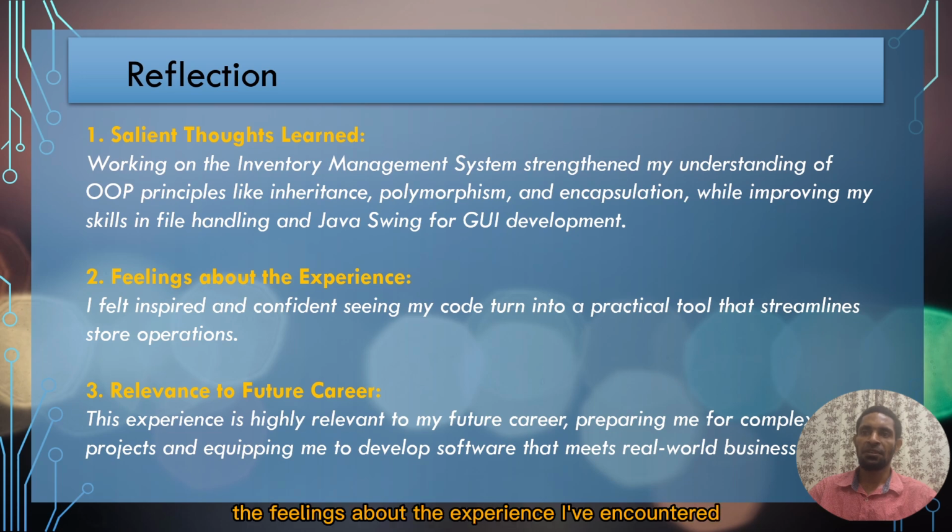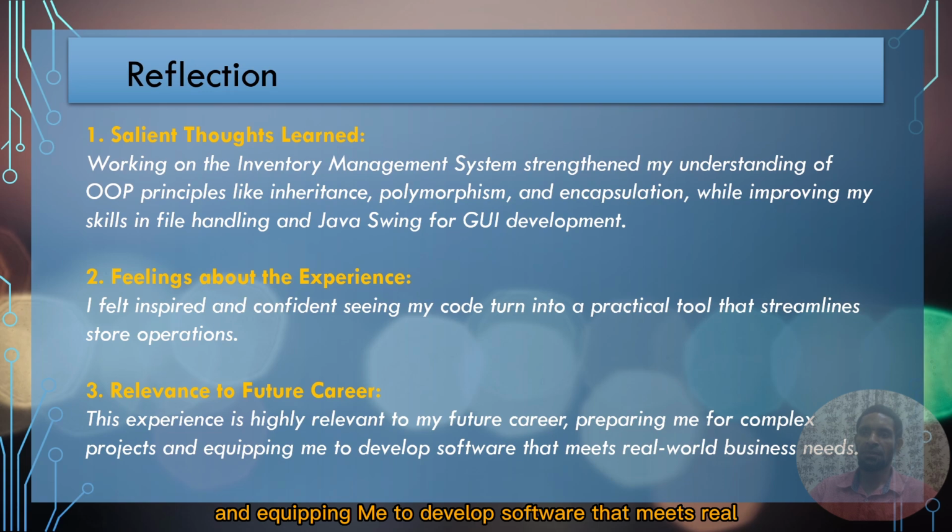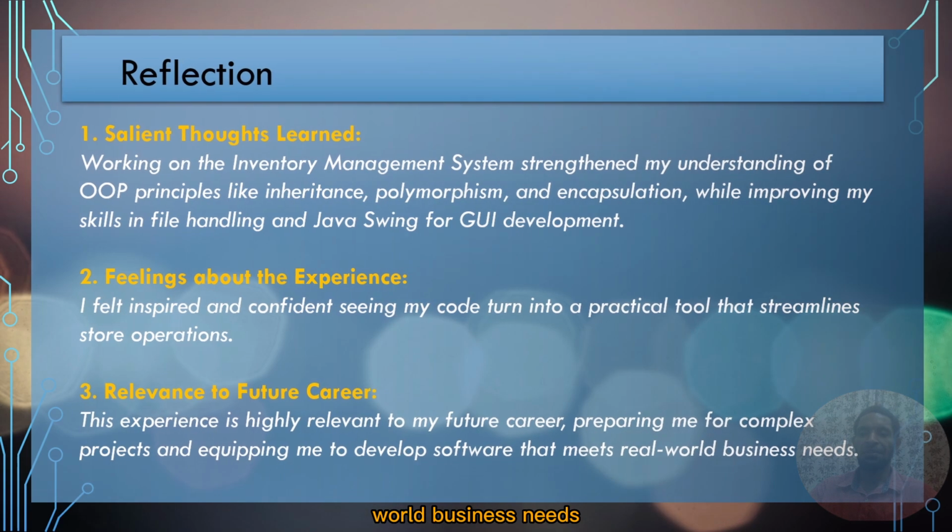Secondly, the feelings about the experience: I felt inspired and confident seeing my code turn into a practical tool that streamlines store operations. Thirdly, relevance to my future career. Yes, of course, this experience is highly relevant to my future career, preparing me for complex projects and equipping me to develop software that meets real-world business needs.